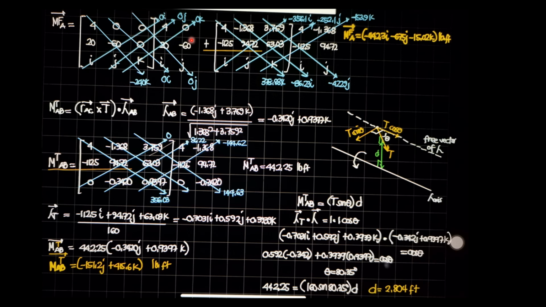Then for the second part, it is RAC cross the tension force. A to C, coordinates of C, because coordinates of A are 0, 0, 0. So we just copy coordinates of point C, 4, negative 1.368, 3.759. Then components of tension force, negative 112.5, 94.72, 63.03, IJK, copy the first two columns.